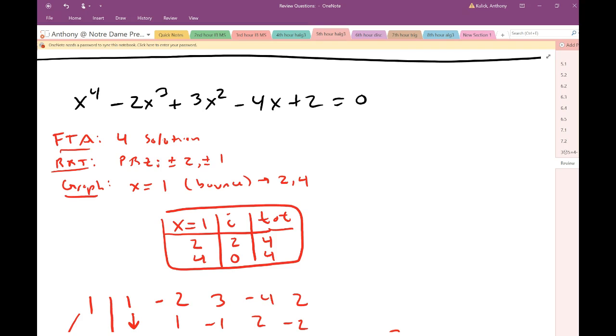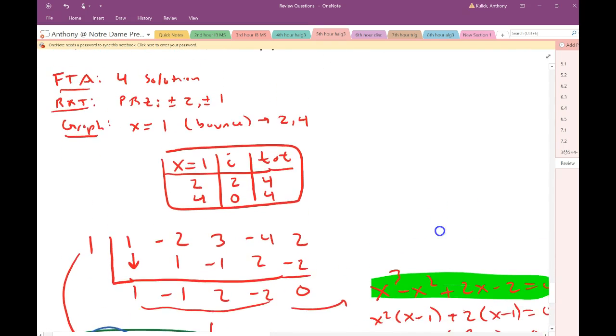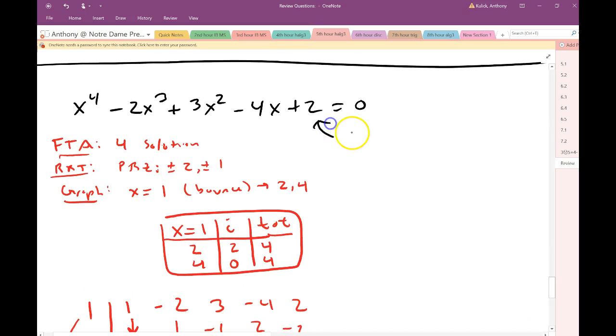So you have positive i square root 2 is one solution, then you have the negative i square root 2 is a second solution. Yeah. So this is 1 and 2. This is just 1. So I did 2 over 1, and then 1 over 1.